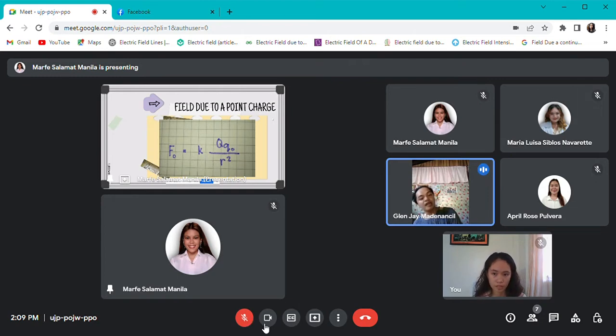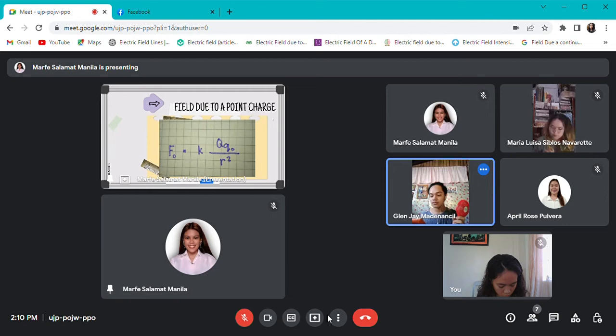That would be 9 times 10 raised to the power of 9 newton meter squared per coulomb squared. Then multiply by the quantity of the source charge, 3 times 10 raised to the power of negative 6, then by the test charge, 2 times 10 raised to the power of negative 6.